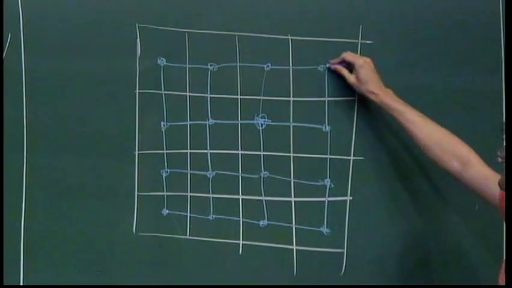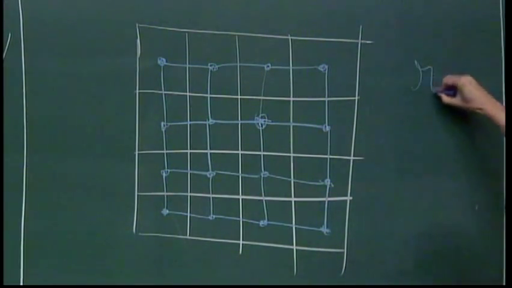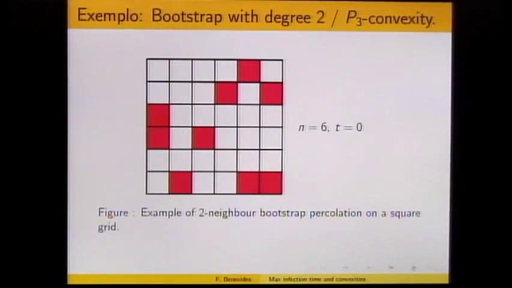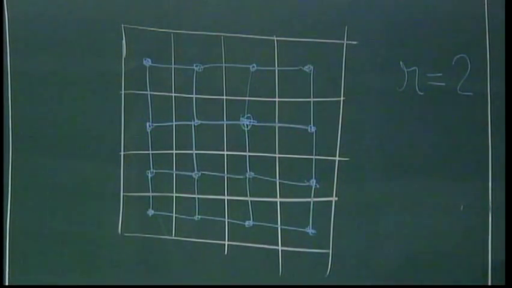The blue dots are my vertices, and let's say I fixed the case in which r equals 2. So the neighbors of a vertex are just the guys that are up, down, left, and right. The diagonal ones are not neighbors.